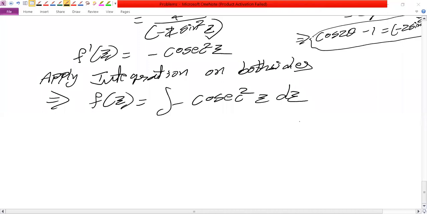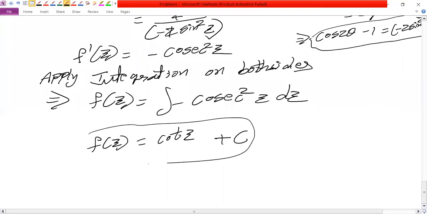Differentiation of cot is minus cosecant square. So minus integration of cosecant square will be cot z. So f of z equals to cot z, sorry, I made a mistake in the previous problem, plus c. What is the plus c? The integrating constant is required. This is the analytic function.